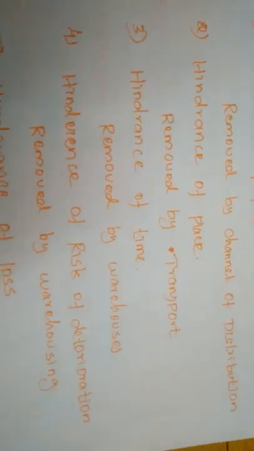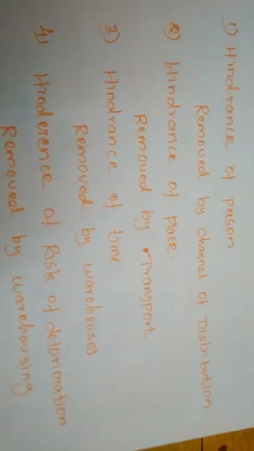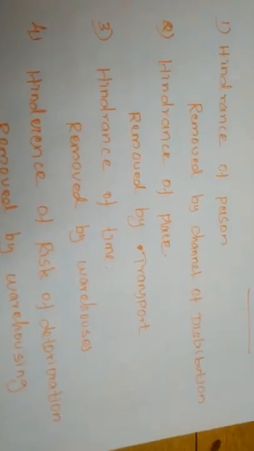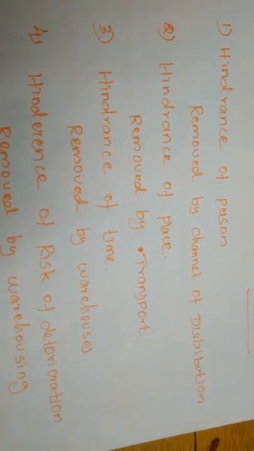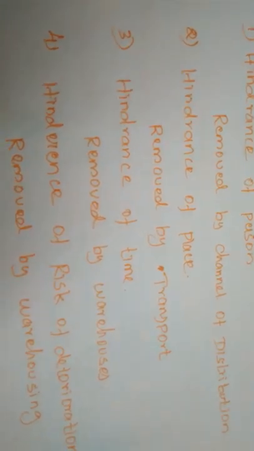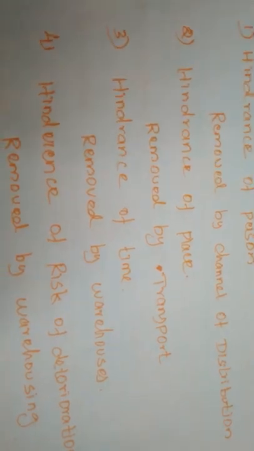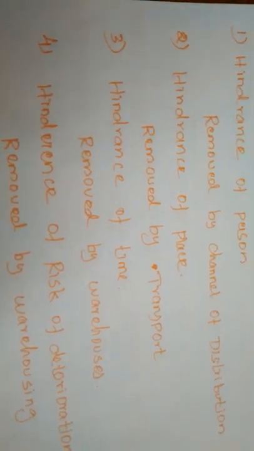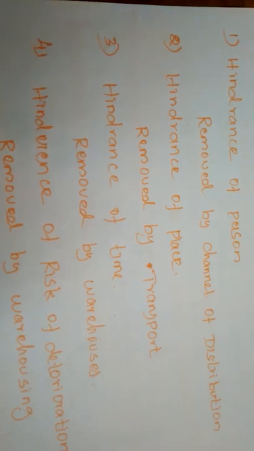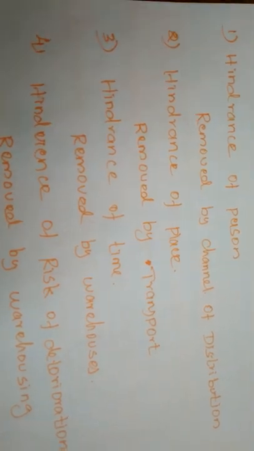Next, the hindrance of place. What is the meaning of the hindrance of place? As I told you at first, the product is produced in one corner of the world, but the consumers are spread throughout the country and the world.